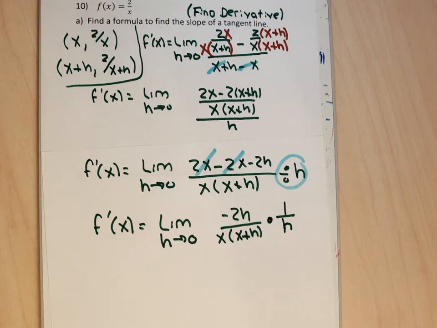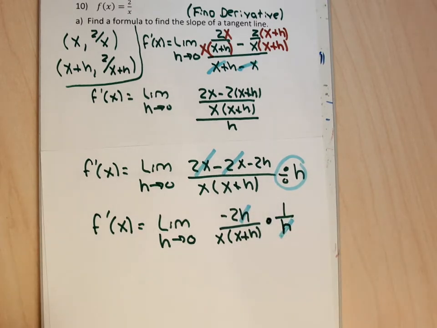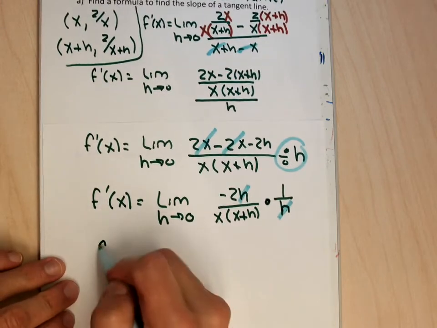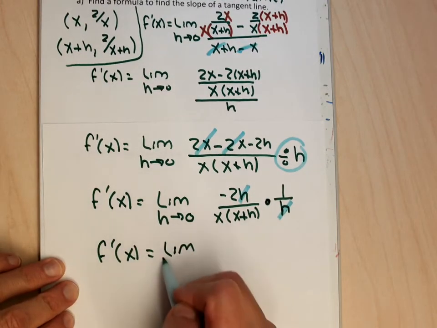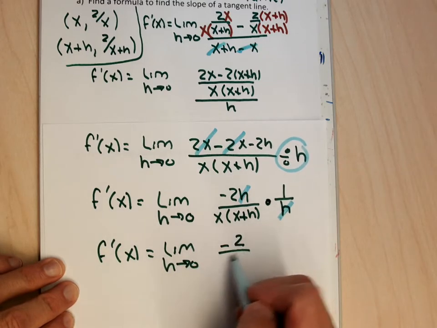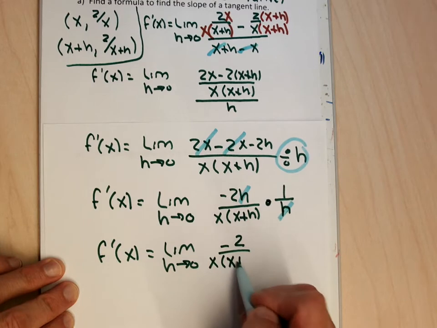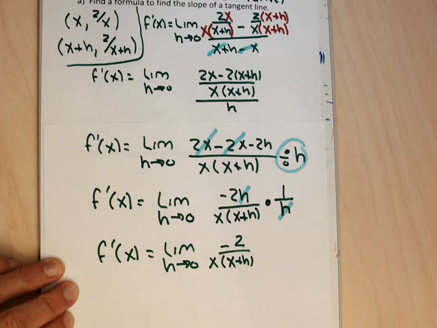This is a good thing because now this h and that h will cancel, and this will get me to f prime of x equals the limit as h approaches 0 of negative 2 over x times x plus h. This whole piece doesn't need to be considered anymore because it's just a 1.